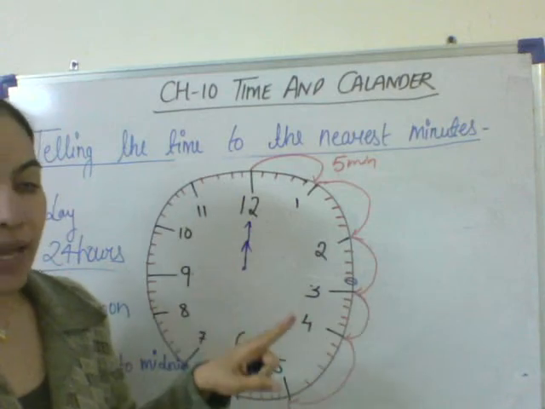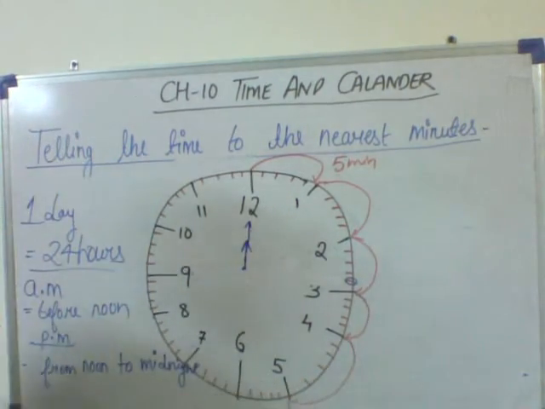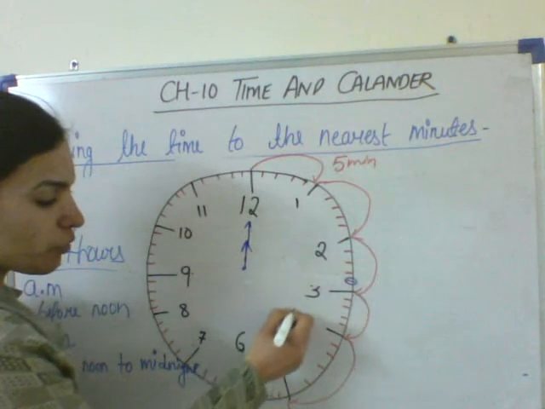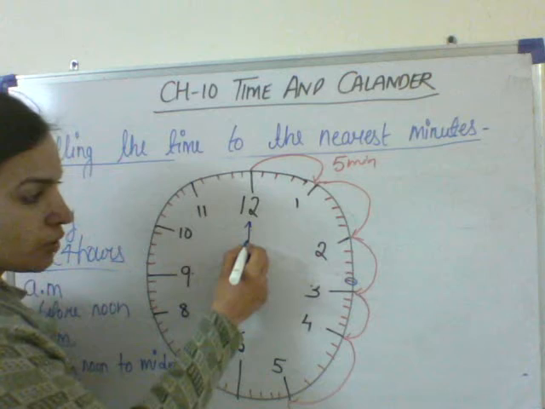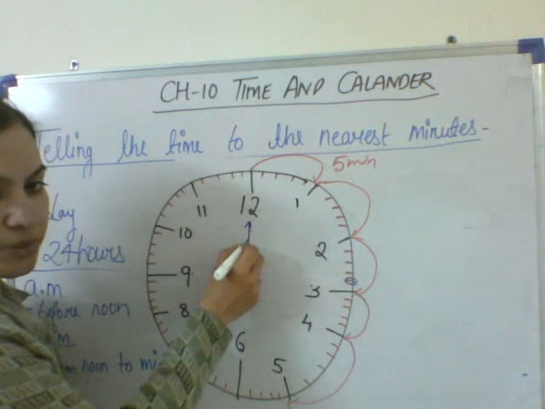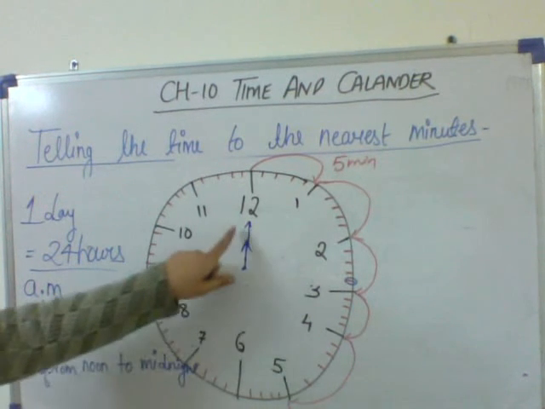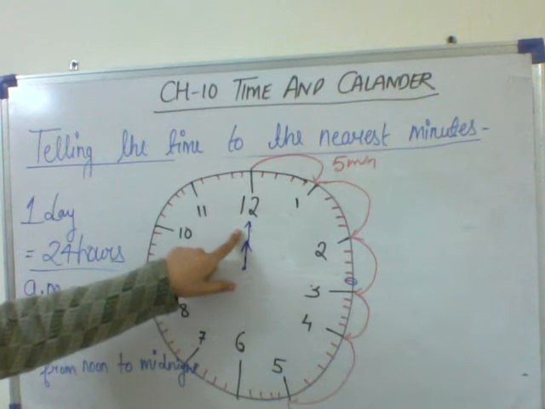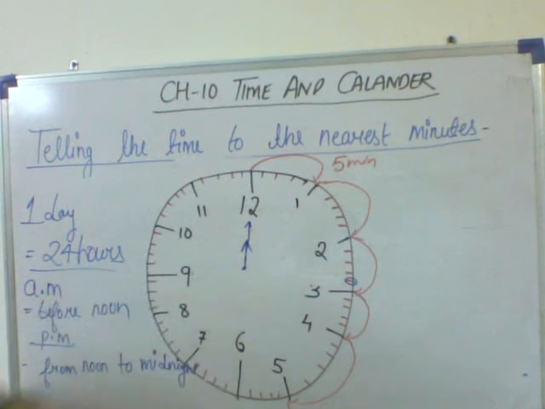Again when the hour hand moves and comes to the 12 in the afternoon, till that time we will be using AM. And PM for the time from 12 noon to 12 midnight.